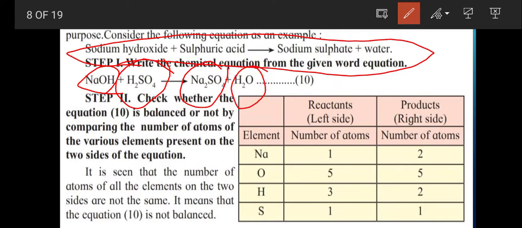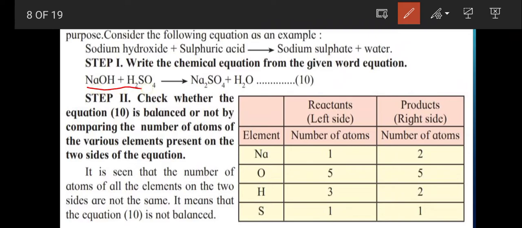So the first step says to write the chemical equation from the given word format. That means you have to write the molecular formula from that wording. Okay, that is the first step.